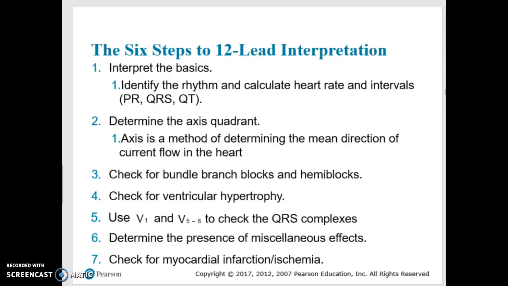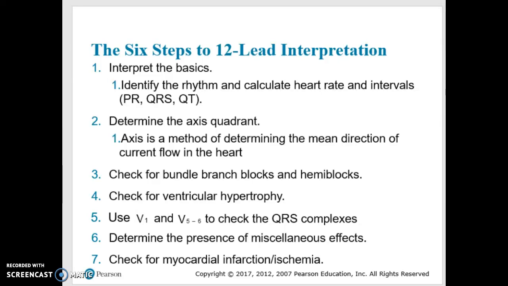The prolonged QRS interval can imply that there's a ventricle rhythm going on. There may be a bundle branch block. It could be electrolyte abnormalities. Remember, a prolonged QRS interval makes the QRS appear to be wide.